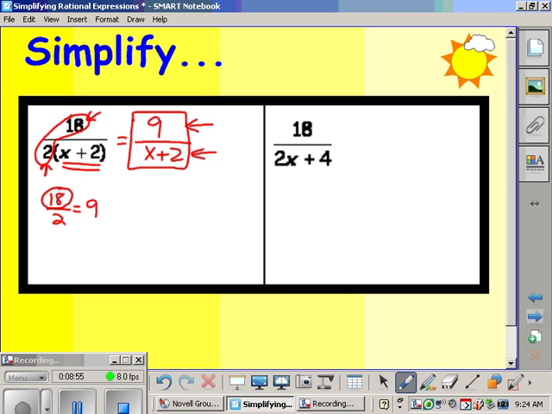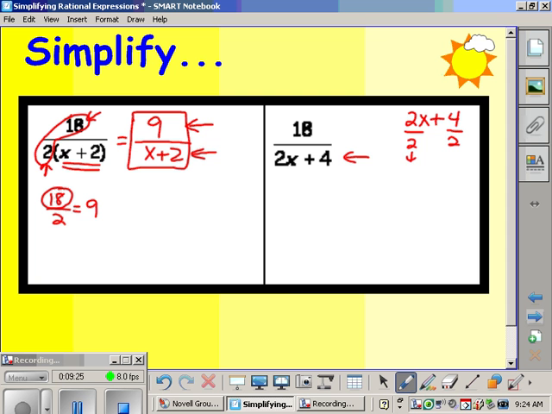Now the problem to the right of it is actually the same problem, but I'm going to show you how you can use factoring to further simplify this. A monomial you cannot further factor, but a binomial you may be able to. Okay, so you need to recall what you learned about factoring out the greatest common factor. So hopefully you understand that the greatest common factor of the terms 2x and 4 is 2, because you can divide a 2 out of both.